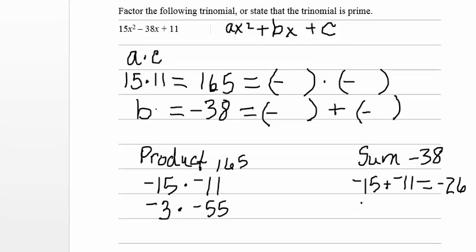Notice that negative 3 plus negative 55 adds up to negative 58. But we also realize that 5 divides into 15. We know that both our numbers need to be negative, so we're going to take a negative 5 and see how many times that divides into 165.